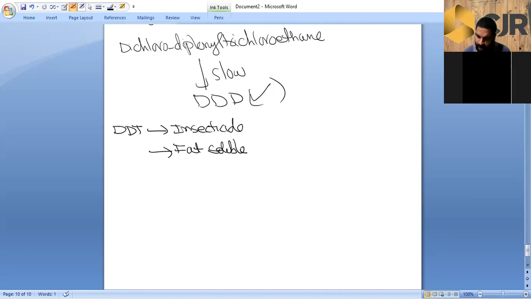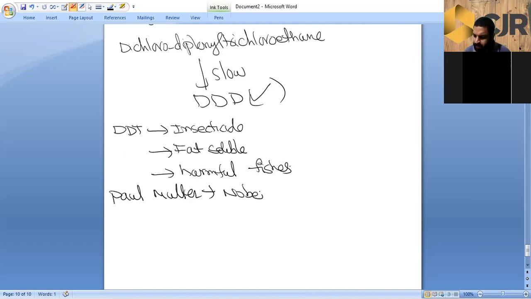It is also very poisonous to fishes. Who discovered this? Paul Müller discovered it, and he got the Nobel Prize for it because at that time it was a very important chemical. No other insecticides were there then.